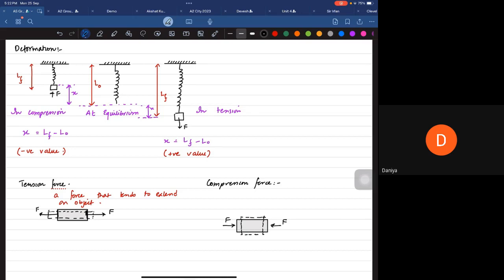A compression force is a force that tends to push an object inwards, to compress it. You can write that as well, please. And do let me know if you have any questions here.